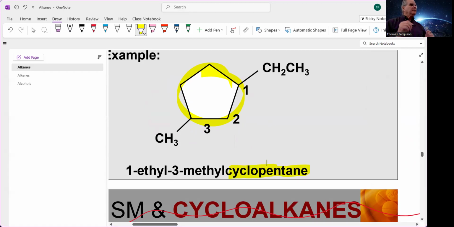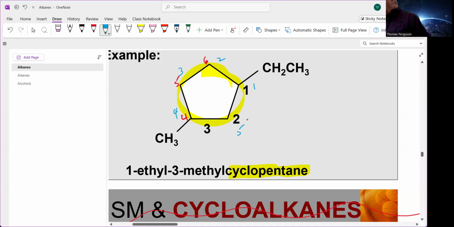So we have to number the backbone, just like before. I'm going to name it 2 different ways. Going this way, and going this way. Okay. So cyclopentane is the backbone.